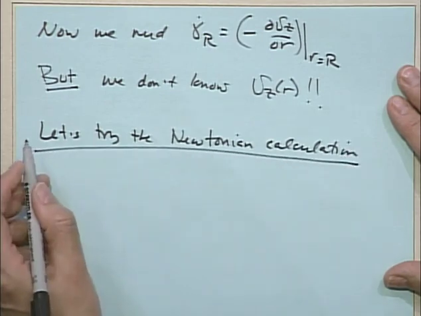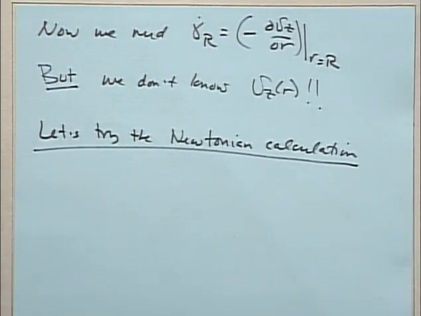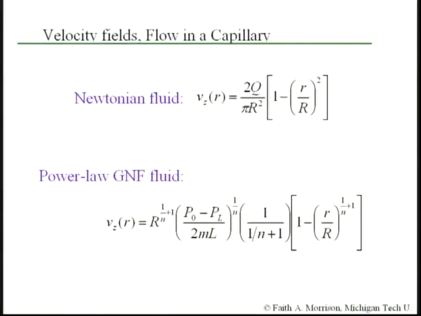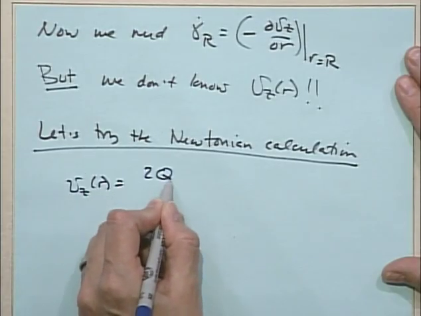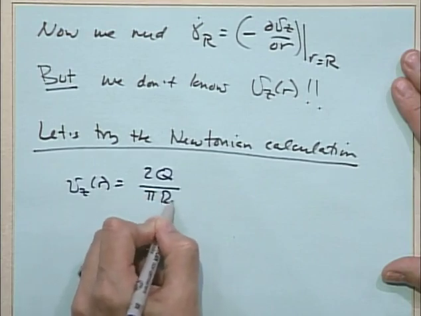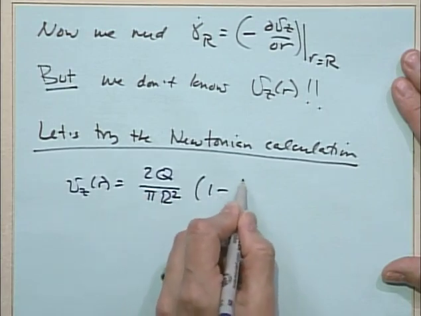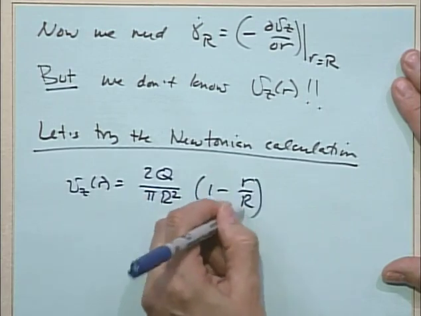Okay, for the Newtonian calculation, over here I have the velocity field. We've solved for that before. We have Vz of r is equal to 2 times the flow rate over pi R squared times 1 minus r over R quantity squared.